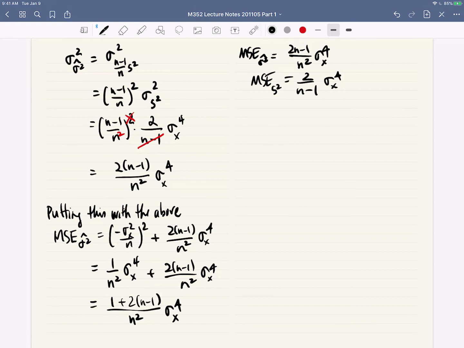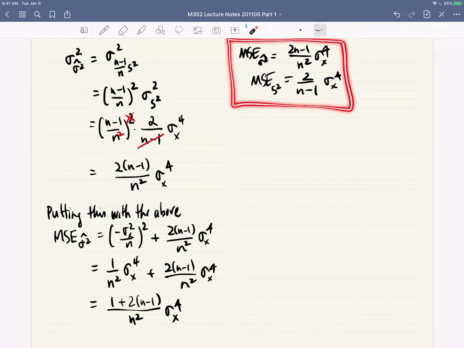And we want a mean squared error, or rather, step back. The idea here is an estimator is good if its mean squared error is small. That leads us to ask, which of these two estimators is better?